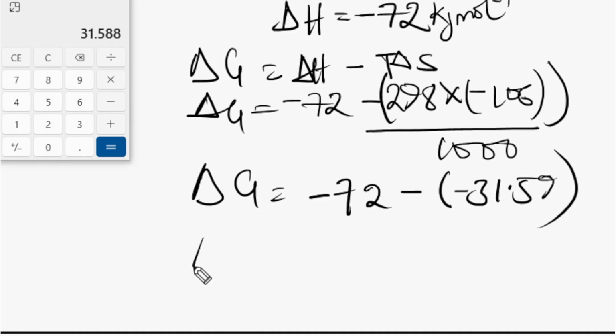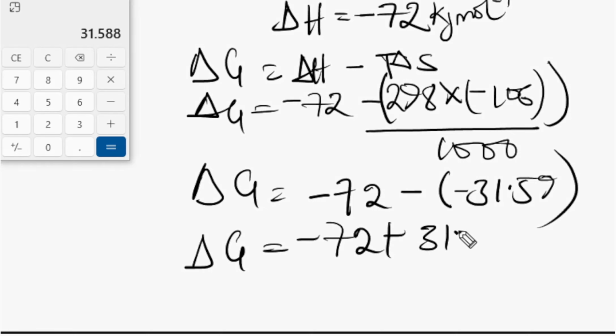So guys, with this, delta G will be negative 72 plus 31.59, and that will be negative 40.41.